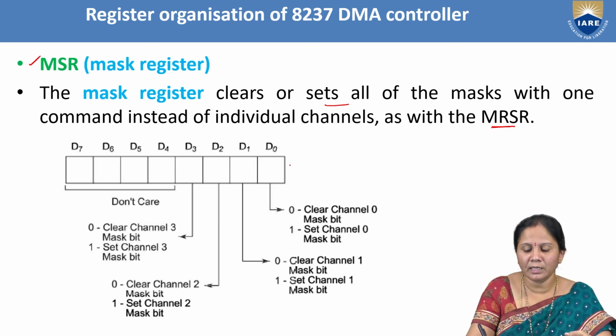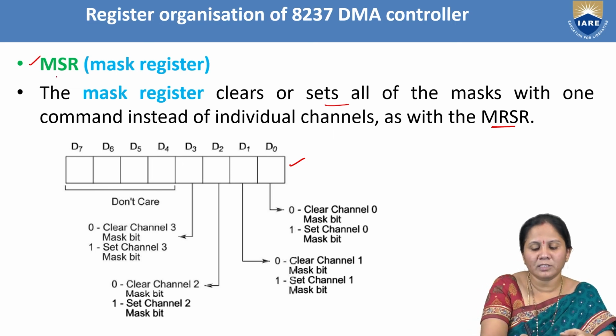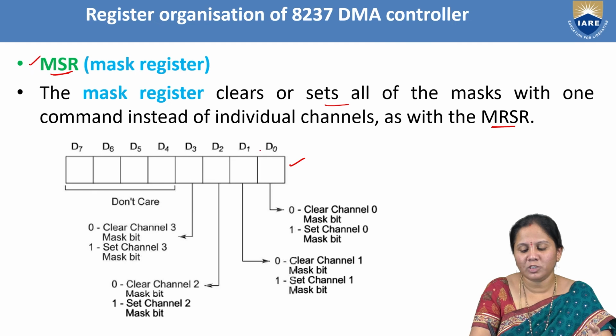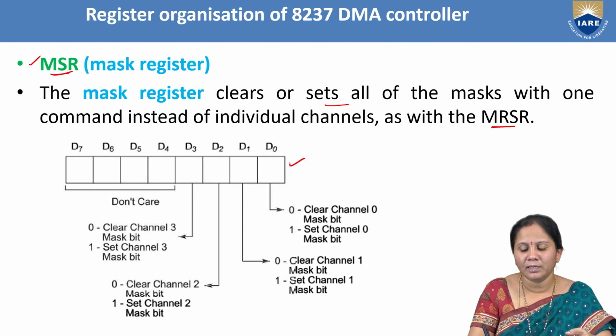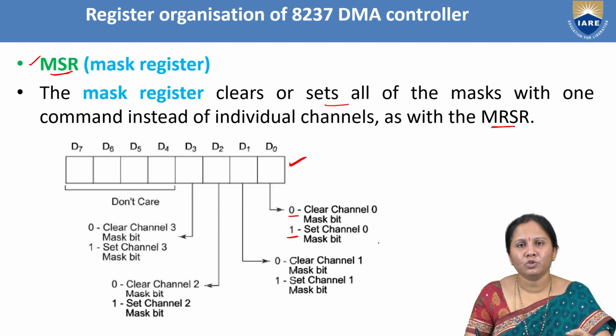So previously we have seen the mask set reset register, but here this is only the mask set register. So previously in the register format, the D0 and D1 bits represent the channel selection, whereas here this mask register will represent itself which channel should be masked and which channel should be enabled.